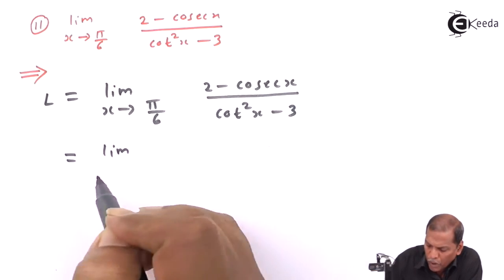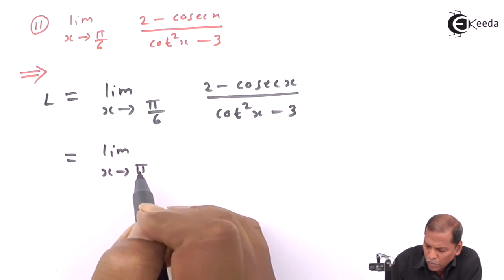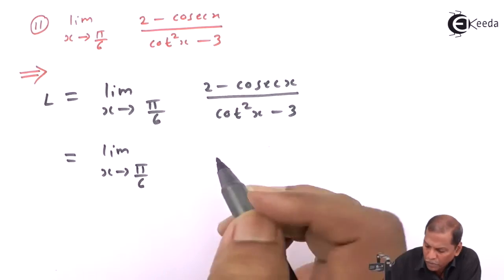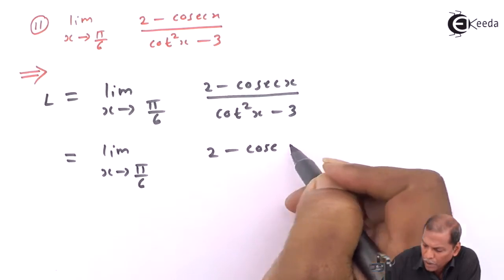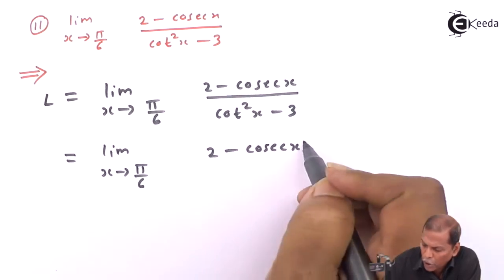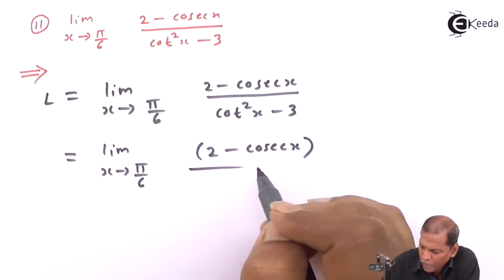That equal to limit x tends to pi by 6, 2 minus cosec x. In the denominator we write as it is.